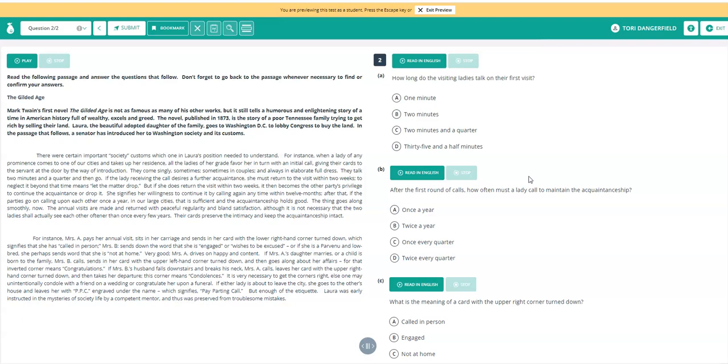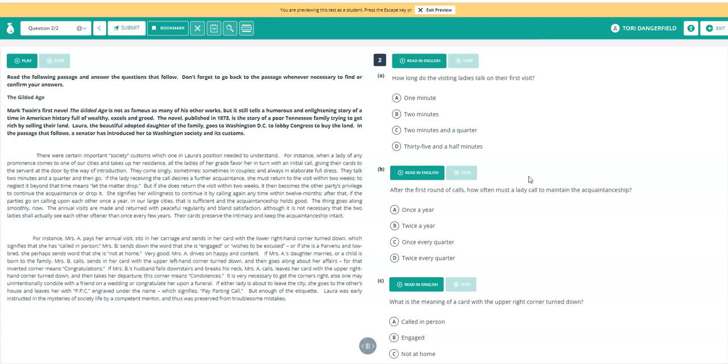Very good. Mrs. A drives on happy and content. If Mrs. A's daughter marries or a child is born to the family, Mrs. B calls, sends in her card with the upper left-hand corner turned down, and then goes along about her affairs. For that inverted corner means congratulations.